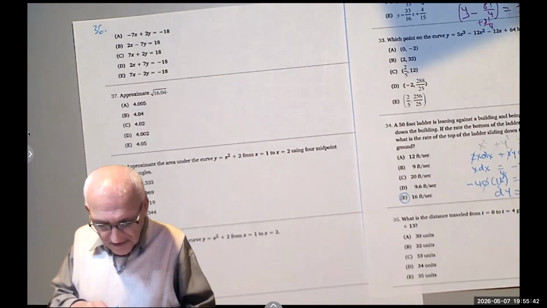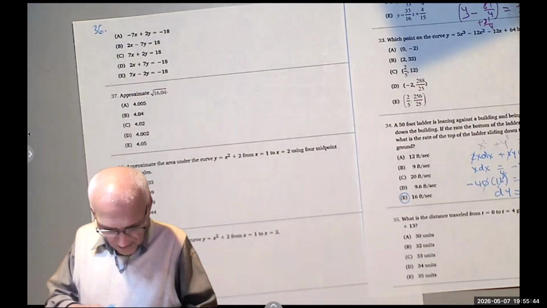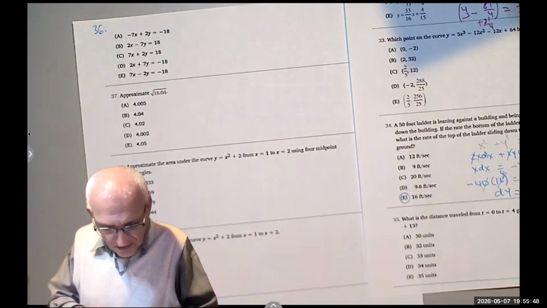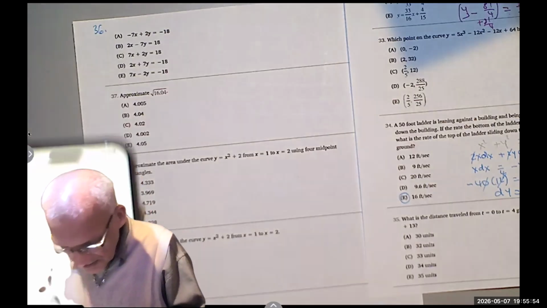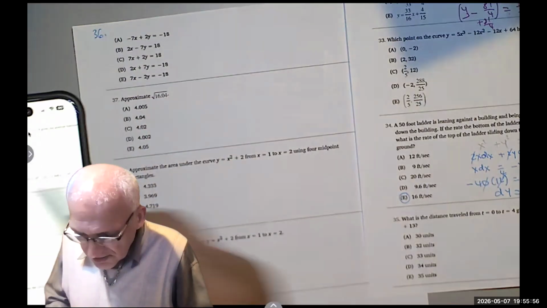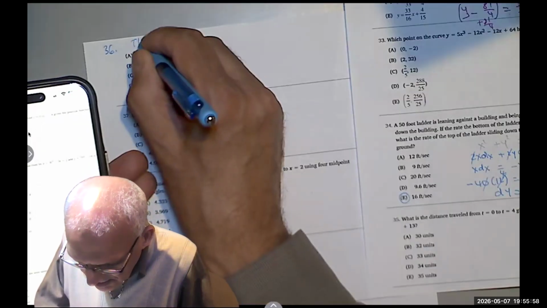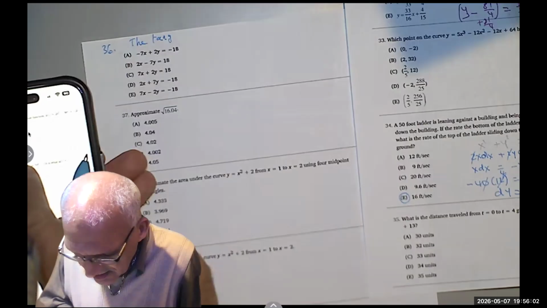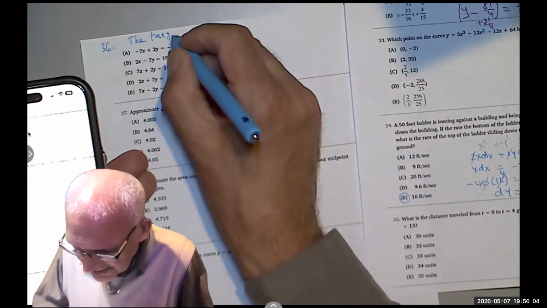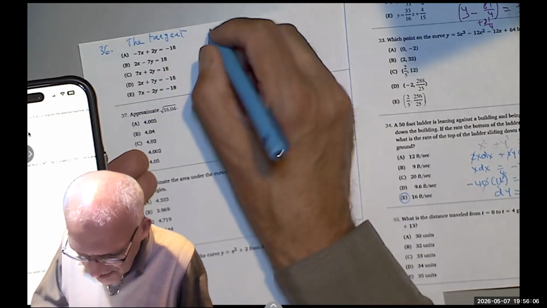It says, where is that? Oh, okay. 36, 36. Here is 36. Oh my God, the tangent, again, they want the tangent to the curve x.